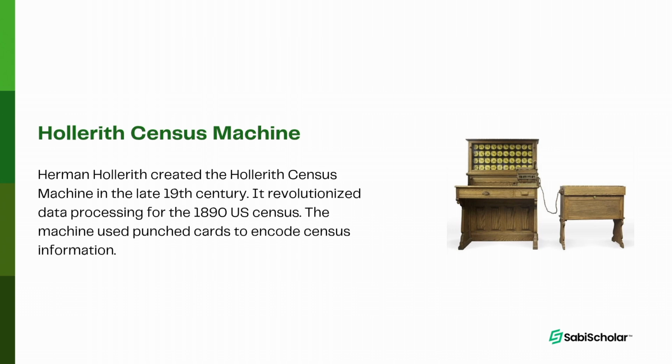The machine was actually using punch cards. You remember, the first time we heard about the punch card was Jacquard, where it uses programmable punch cards which could follow specific instructions. In this case, Hollerith actually made a difference to it. He was able to make the Hollerith census machine encode information based on census.